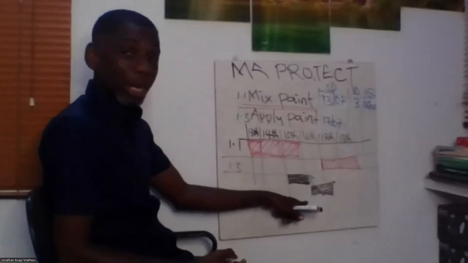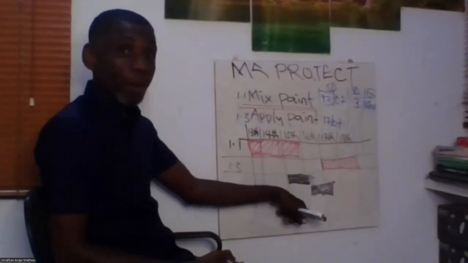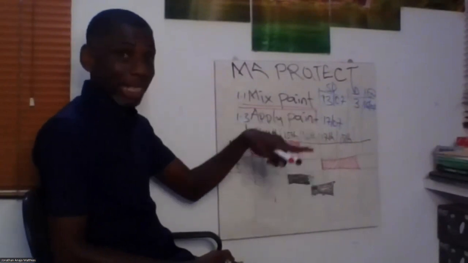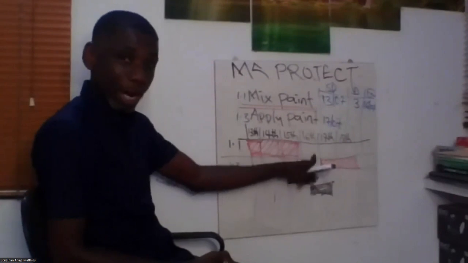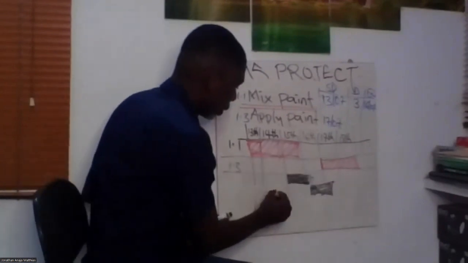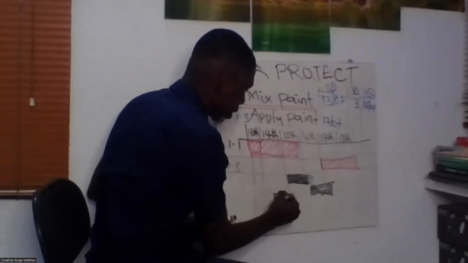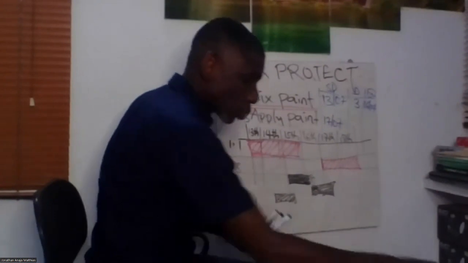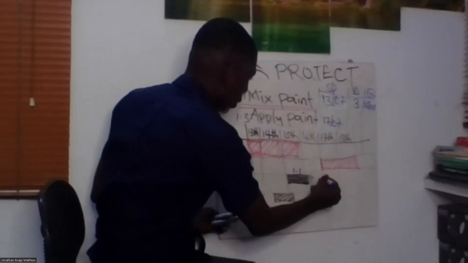Then I will tell you how this will vary very soon when I start talking about lead and lag. Sometimes it doesn't happen just the way it is right now. But for you to know, this is 1.1, this is 1.3.